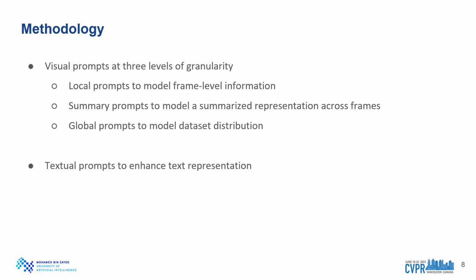The visual prompts are at 3 levels of granularity. We have local prompts to model per-frame information. We have summary prompts to model a summarized representation across the frames. And then we have global prompts to model the dataset distribution. And then we also have textual prompts to enhance text representation.